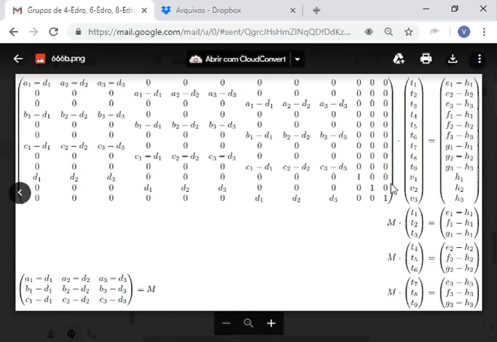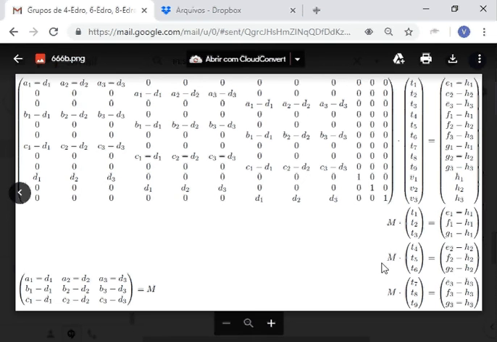Subtracting the lines 10, 11, and 12, it reduces to a 3 by 3 system where M is this little matrix, A1 minus D1 until C3 minus D3, and M times T1, T2, T3 is equal to E1 minus H1, F1 minus H1, G1 minus H1.